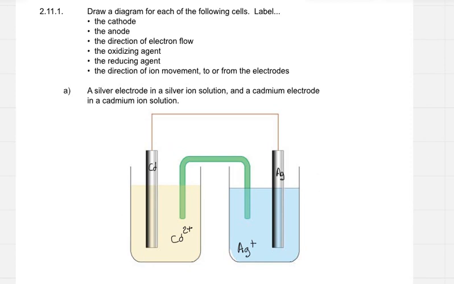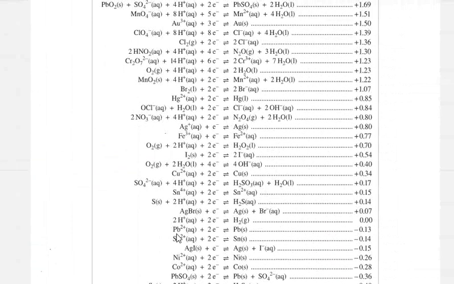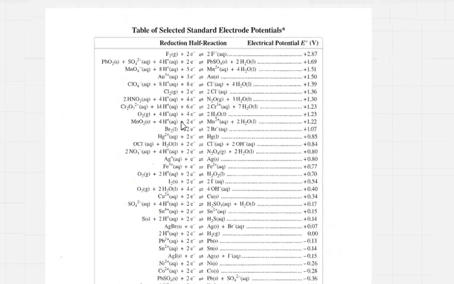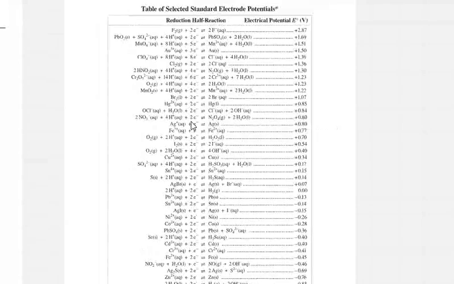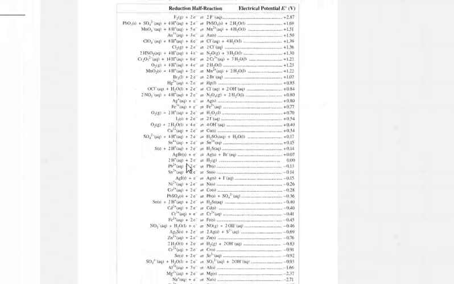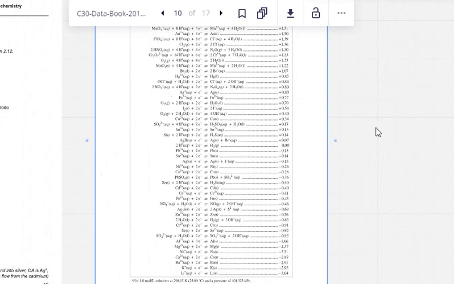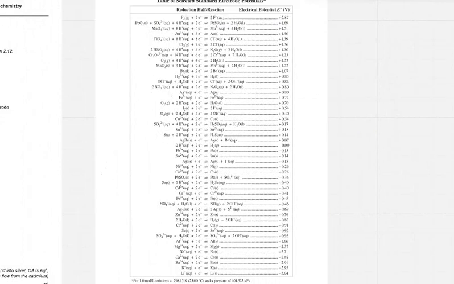Well, we have a data book to help with this. In the data book, on page 7, we have the table of selected standard electrode potentials, and you remember this lists off a whole bunch of oxidizing and reducing agents in order of their strength. Trying to fit all this on the screen, and it's not easy. And from here we can determine what is going to react in this cell.